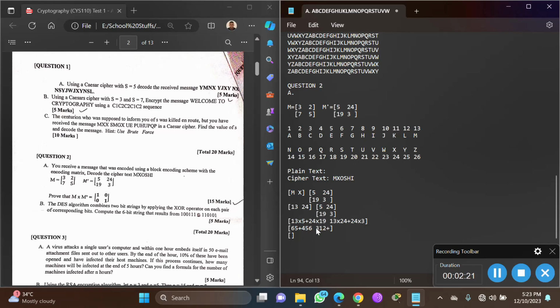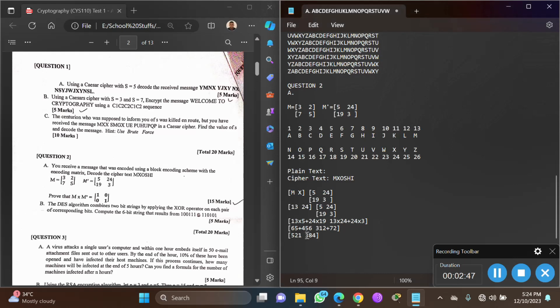Then plus 24 times 3, which is 72. Okay, now we can say 65 plus 456, which is 521. Then we leave a space. We have 312 plus 72, which is 384.